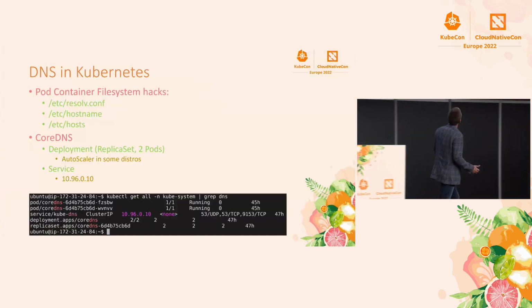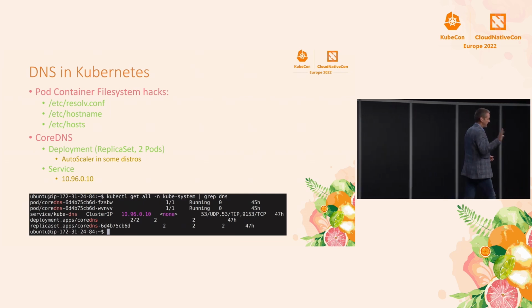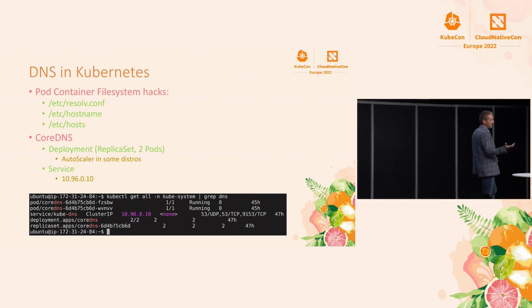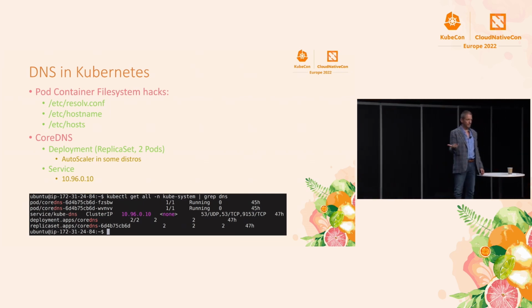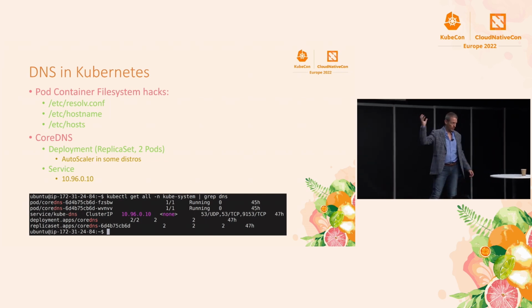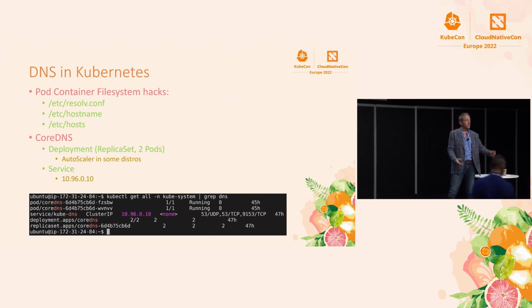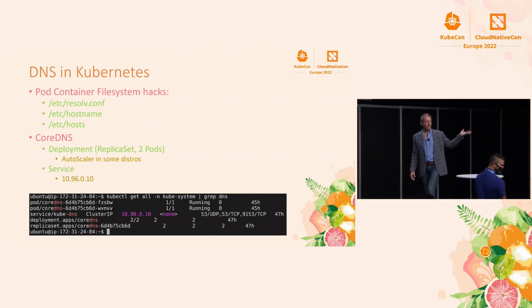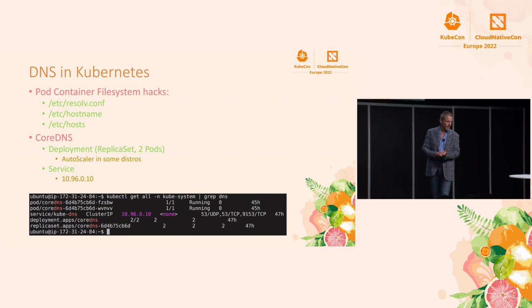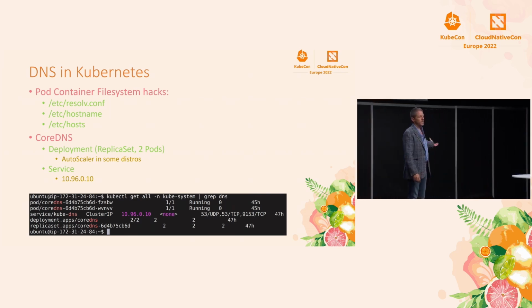So DNS and Kubernetes. There are 3 files that your containers get that come from the container runtime, not from your container image. They're always overlaid by the container runtime. And the reason is, if you take a HTTP container and you run it in Singapore, it's going to get 1 IP. If you run it in London, it's going to get another IP.